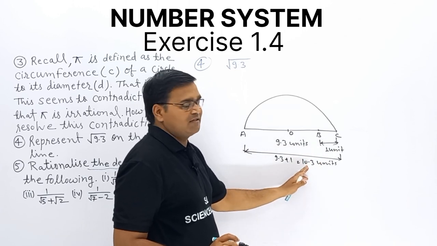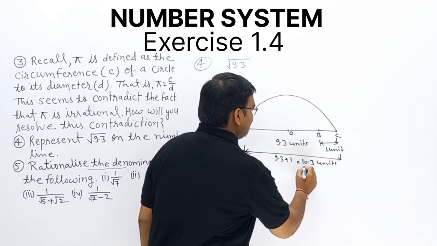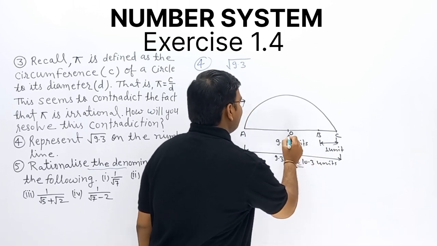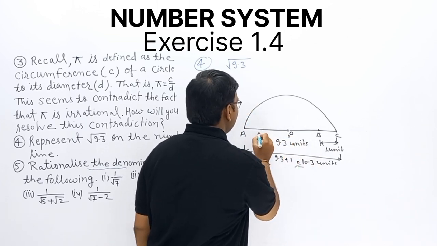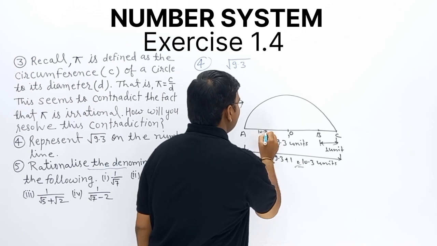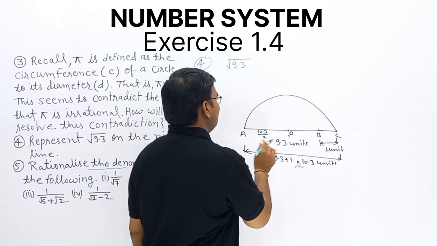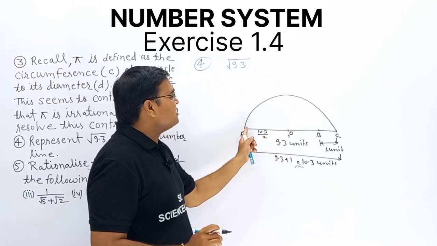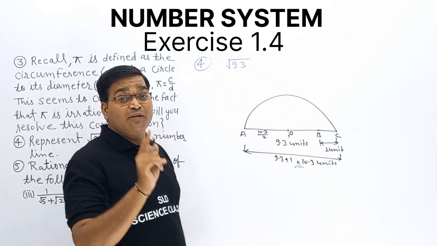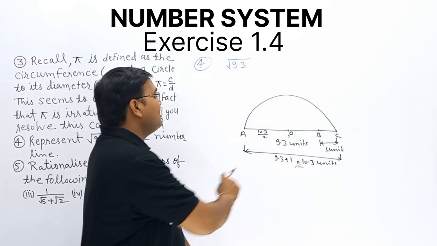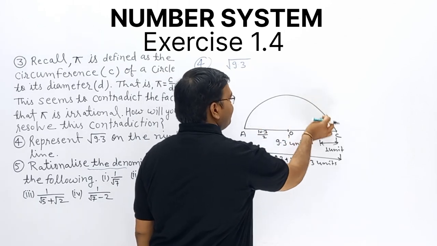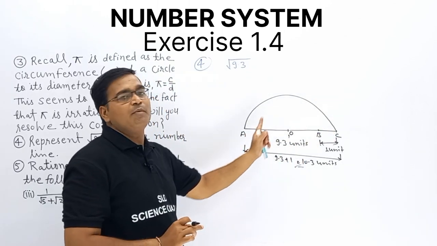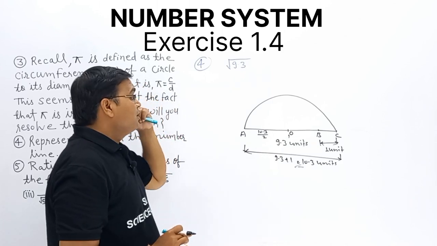Then half of this, 10.3 divided by 2 units, is A to O. Using OA as a radius, draw a semicircle. OA रेडियस का हमने एक सेमी सर्कल बनाया.